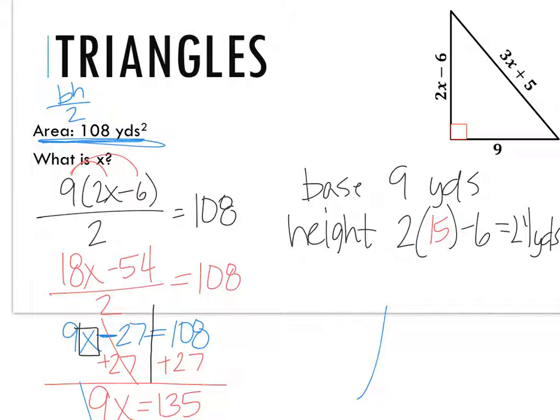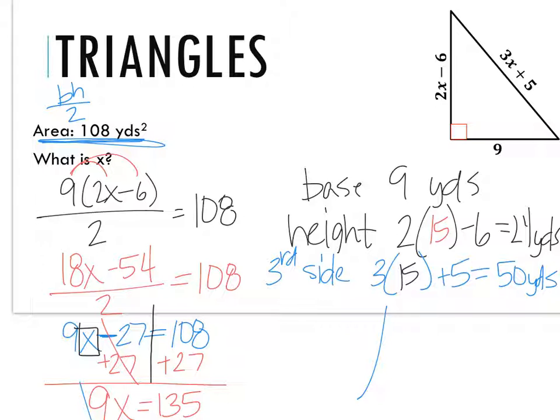And then, again, that diagonal is our hypotenuse. Or you can just say the third side. Well, that's going to be 3 times 15 plus 5. So that is 50 yards. So that is the length of the 3 sides of this triangle.